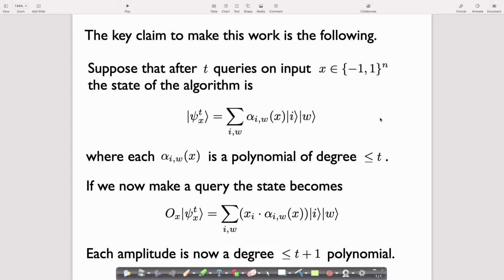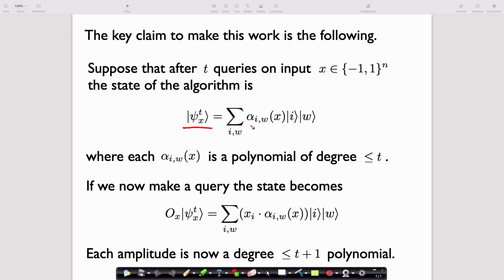So let's look at the state of the algorithm after t queries. On input x, the state of the algorithm after t queries is some state psi x t, and this is just a superposition of our basis vectors ket i, ket w. Remember, we have an input register and a workspace register.